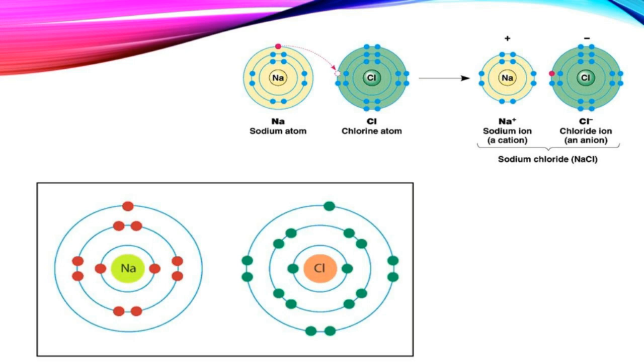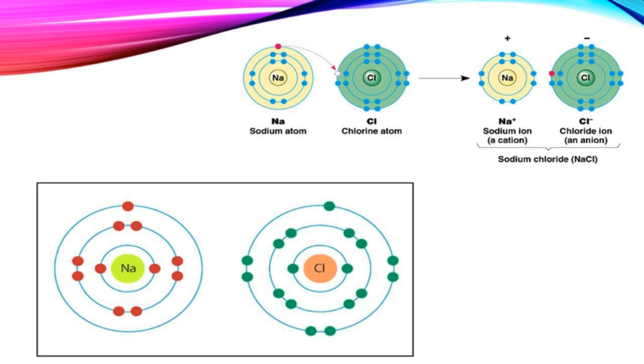Here in sodium, there is 1 electron in the outermost shell. So, if sodium loses its 1 electron, the next outermost shell will have 8 electrons. So, sodium will feel stable if it loses its 1 electron, and it gives its 1 electron to chlorine to make sodium chloride.